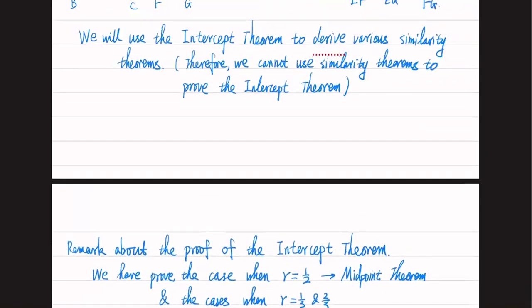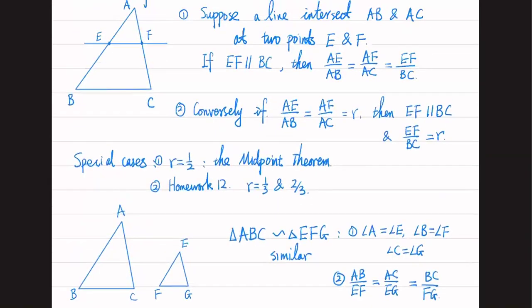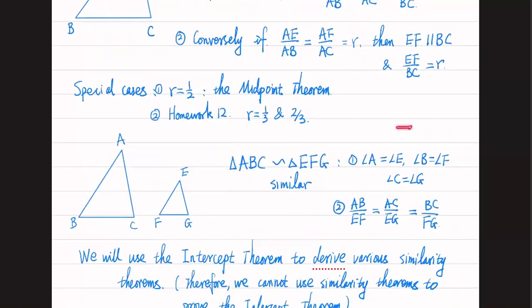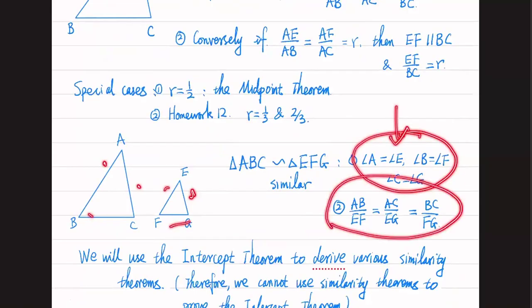We only have the definition and the intercept theorem. Let's check that the two triangles are similar. We need to check the corresponding angles have the same measures, and the corresponding sides have the same ratios.